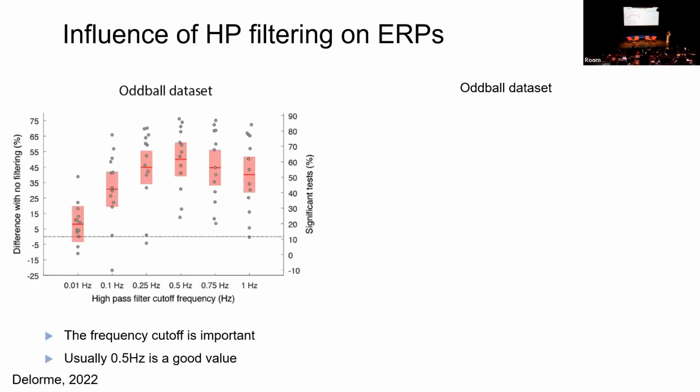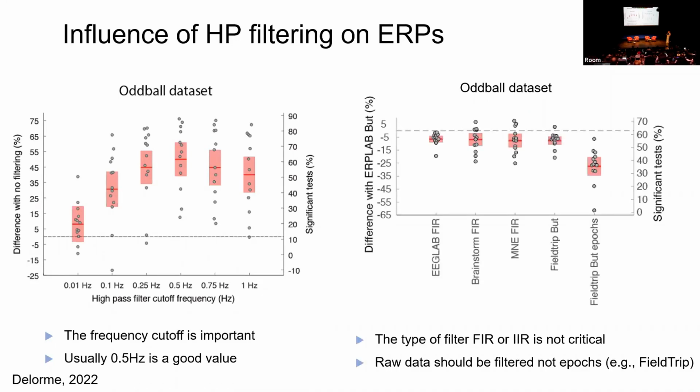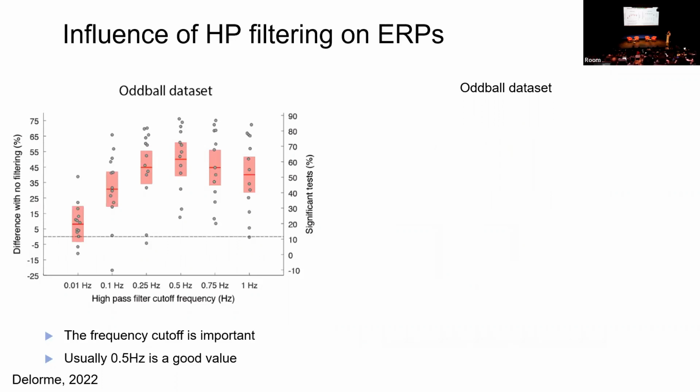Yeah, Arno also did some analysis on the high-pass filter, and it actually shows that you should use at least the high-pass filter at 0.5 hertz, so this is doing best. If you have only one at 0.01 hertz, then the number of significant channels is much lower.